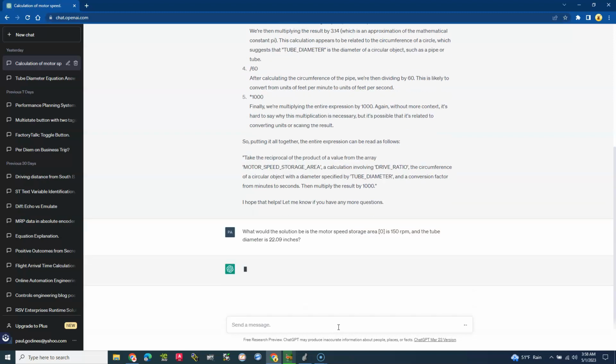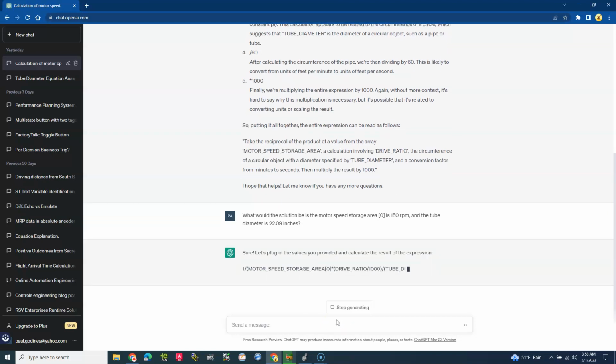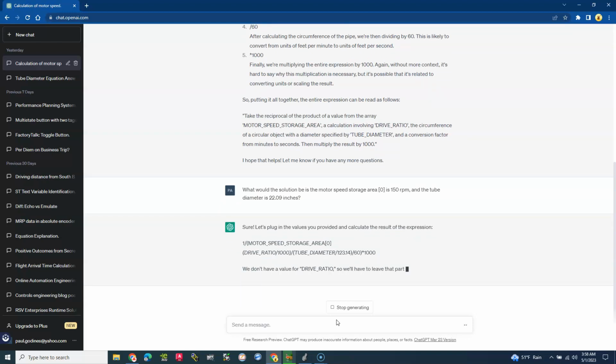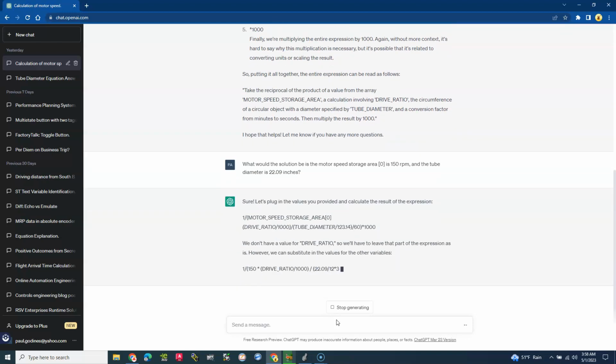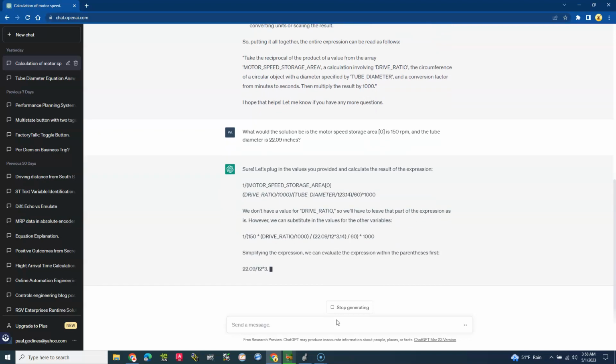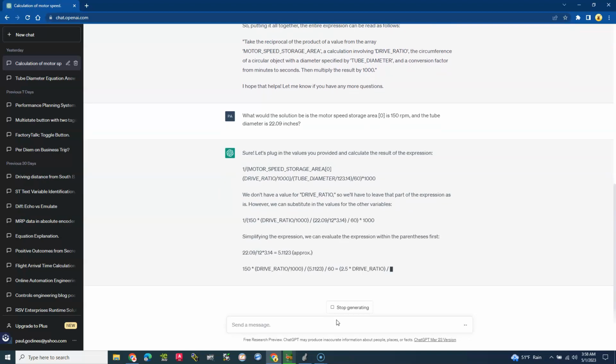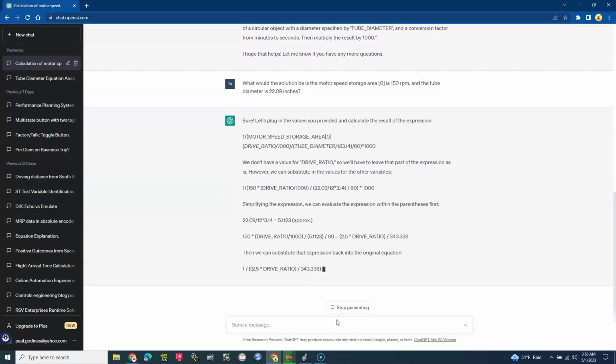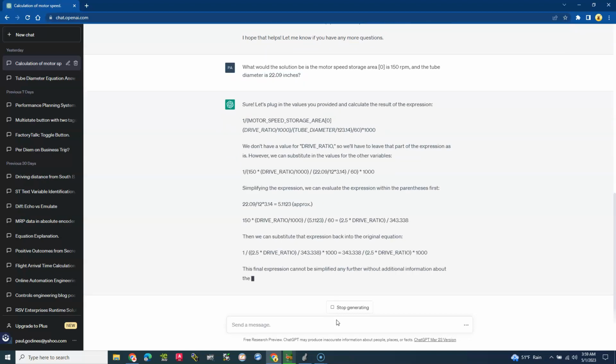I was going to put "to the expression above," but it knows that it's going to take information from the top, add the information that I just added, combine them, and come up with a solution. That is the intelligence part.